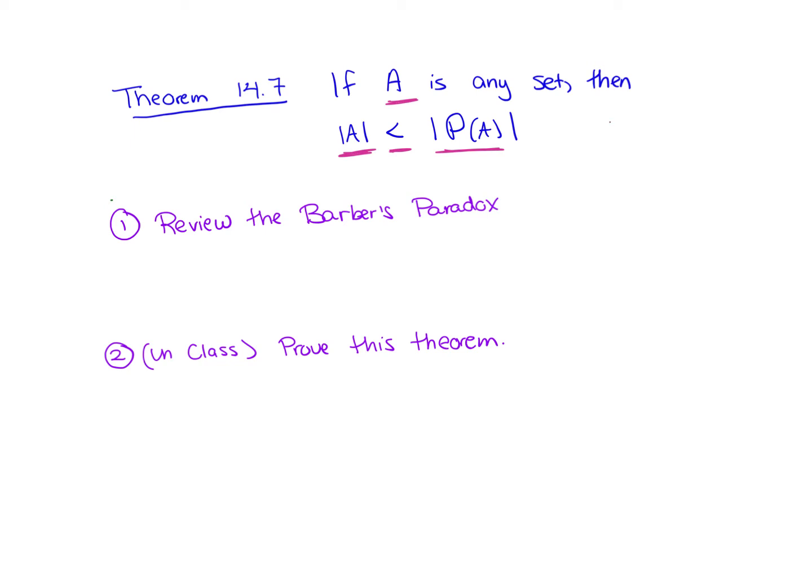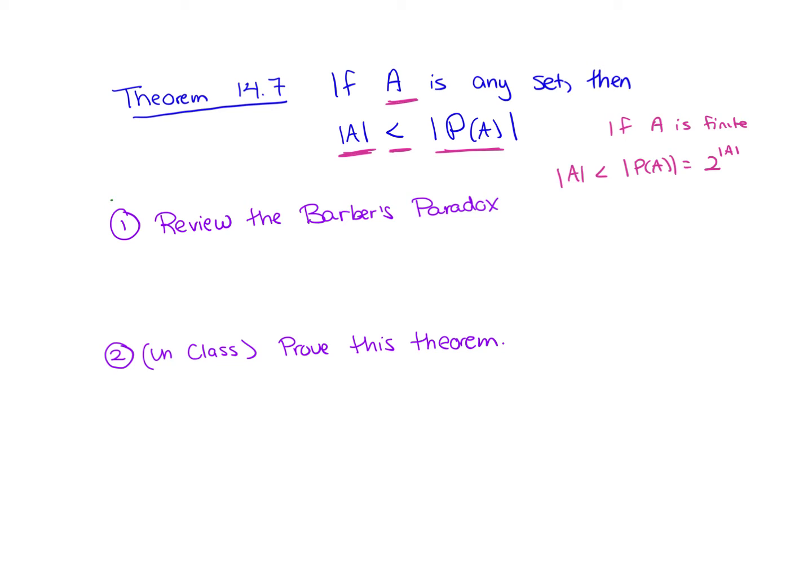Right, so I know if A is finite, then the cardinality of the power set of A is just equal to 2 to the power of the cardinality of A. So the cardinality of A is certainly going to be less than 2 to the power of the cardinality of A for any A. Even if I have the cardinality of A equal to 0, 2 to the 0 is 1. So that still works.